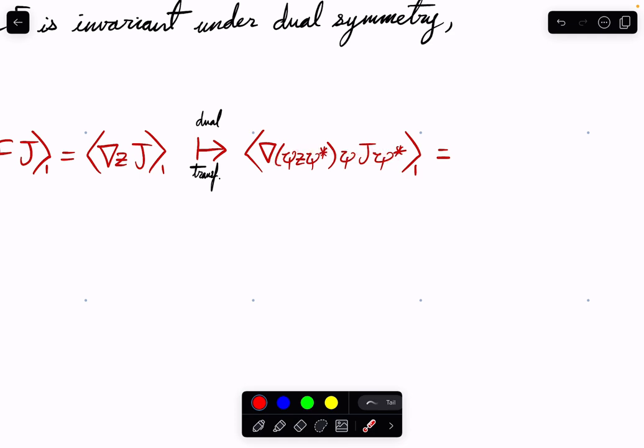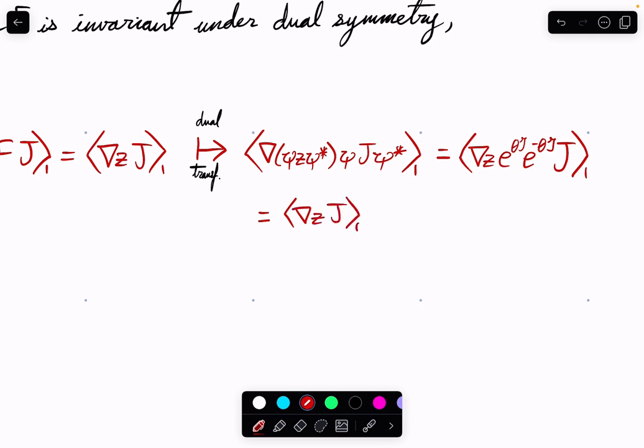You can anticommute these to each side, so you end up with the gradient of Z being equal to e to the theta I, then e to the minus theta I J, which is just equal to the gradient of Z J 1, equal to F J 1, which is just the momentum again.